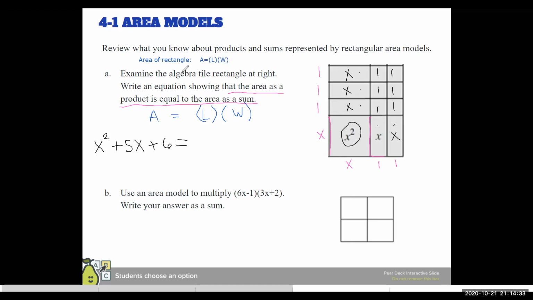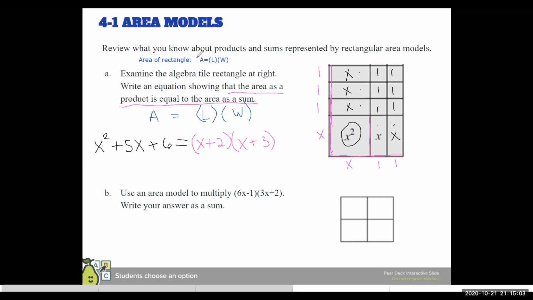That is the inside area, but the area is equivalent to the length times the width. So now I'm going to get my edge lengths to be my length and width. So along the bottom, I have an x and a 1 and a 1. So my length is x plus 1 plus 1, which is x plus 2. And my width, my vertical length here, x plus 1 plus 1 plus 1 would be x plus 3.